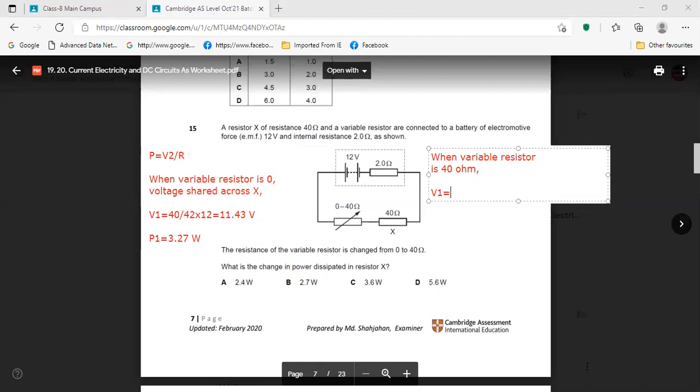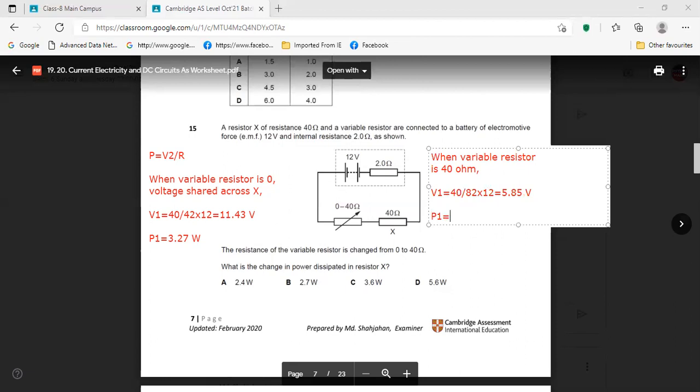Then we have 40 divided by 82 multiplied by 12, which equals 5.853. So we write 5.85 volt.